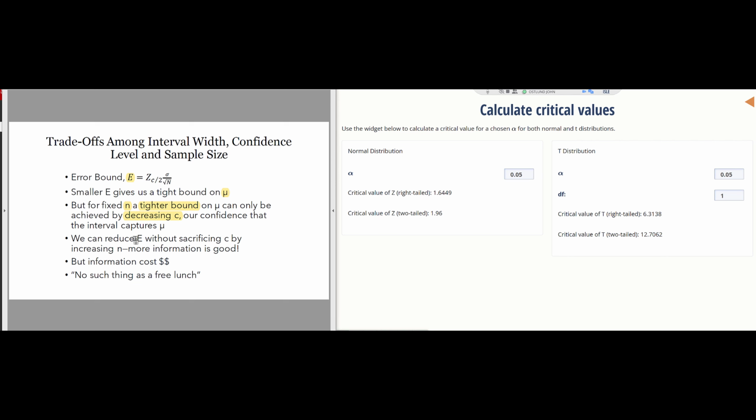The other way that we can reduce the error bound while leaving our confidence interval, our z-score, the same, is by increasing the size of our sample. We can go out and gather more data, and that will decrease the error bound by the square root of the amount of data that we get.